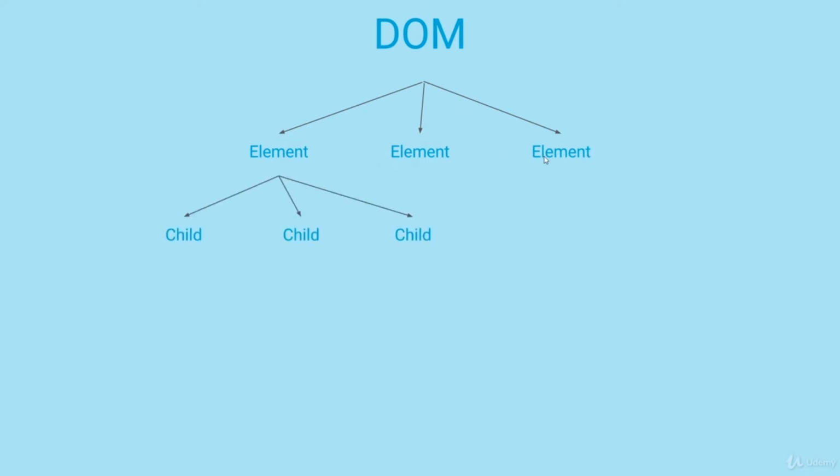So you might have an element, maybe the header element and the footer, and maybe some div for the content, and on this element maybe you have child elements, three children nested inside of this element, and maybe other children, and you know how it is.